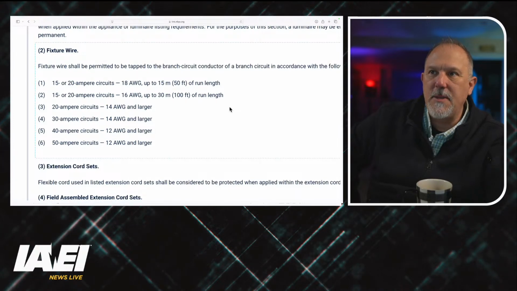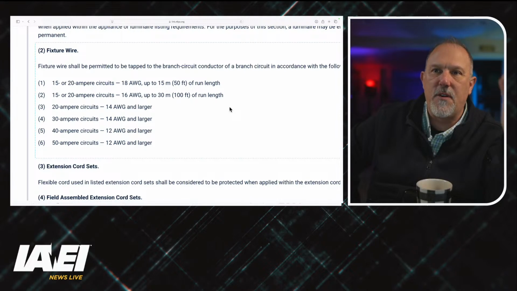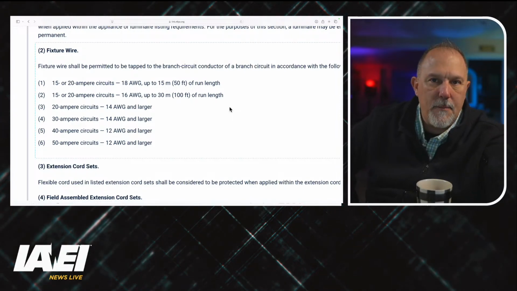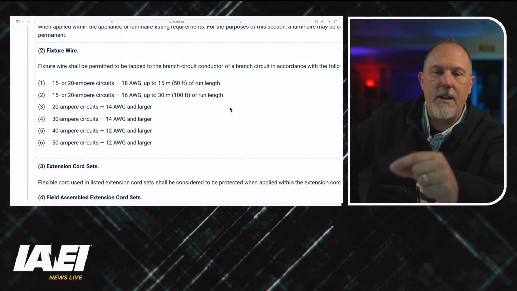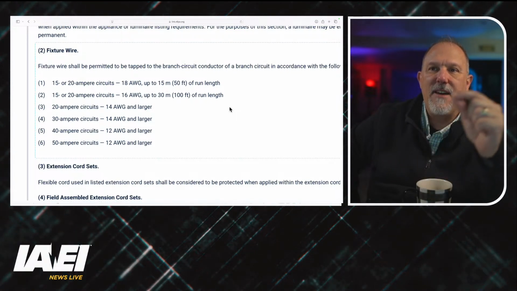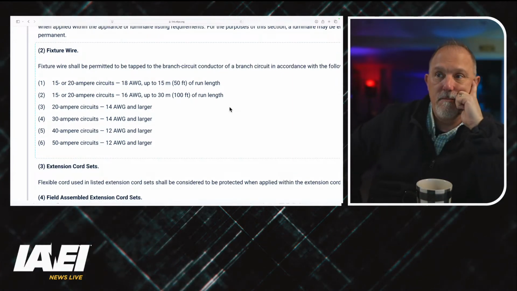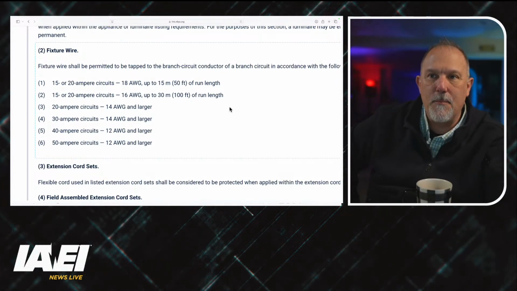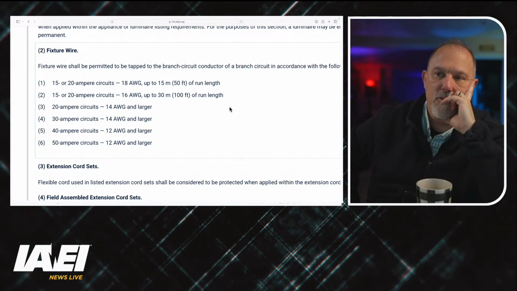If it's a 15 or 20 amp branch circuit, I can have a number 18 up to 50 feet of run length. I can have a number 16 up to 100 feet. If it's a 20 amp branch circuit, 14 and larger, 12 and larger.